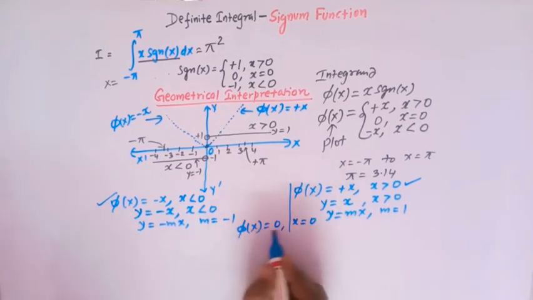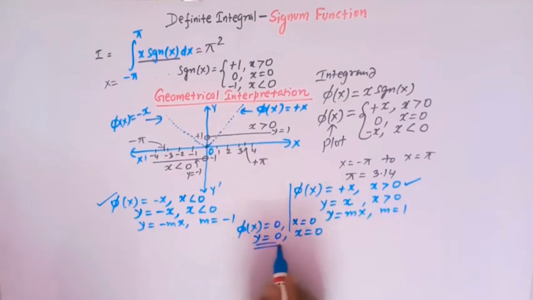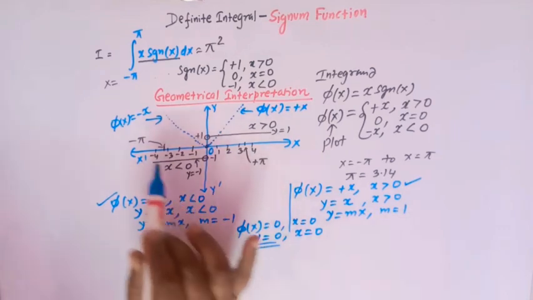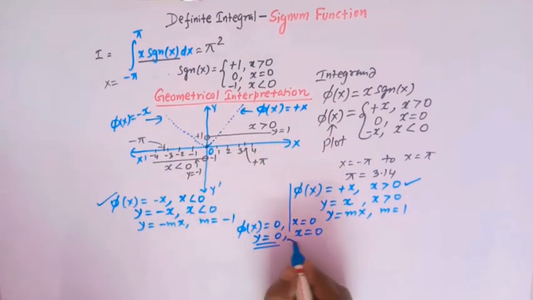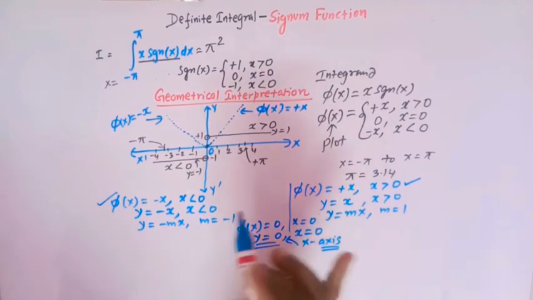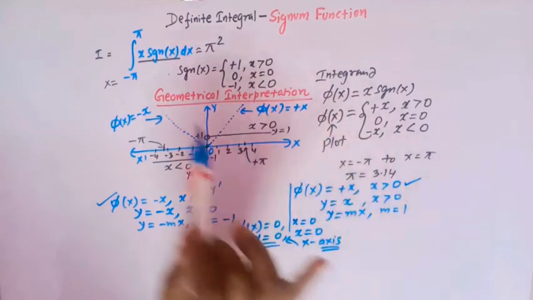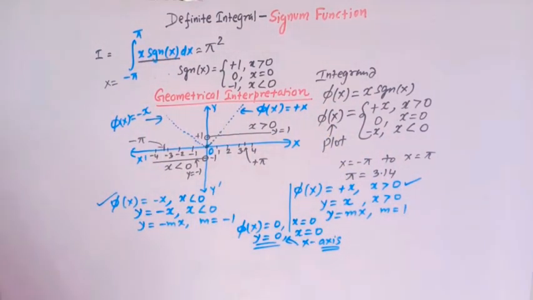So this looks like y is equal to 0, and y is equal to 0 is the x-axis. So we have plotted the function which is our integrand.